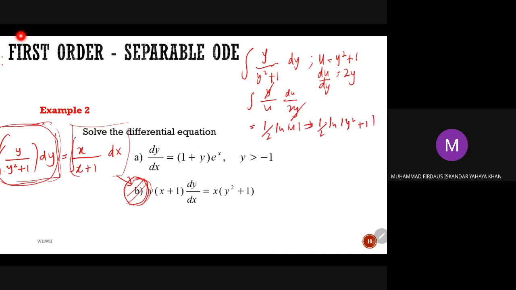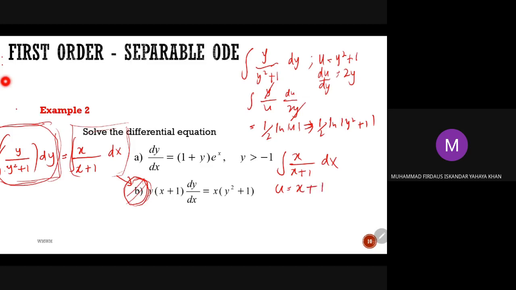Okay, so straightforward. But I want to tell you that on your right hand side there are two, as you will find out. For the second one, how do you solve x over x plus 1 dx? Let u as well. You let u equal to x plus 1.